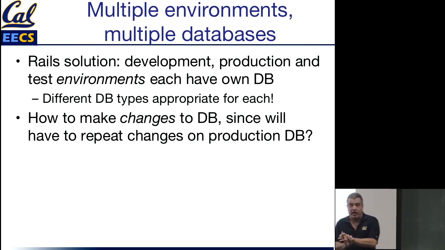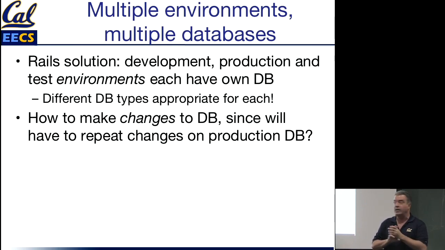And there's the test environment, which is only used for running automated tests and is regenerated from scratch every time you do a new test run. Each one of those 3 environments can have its own database. And that's really, really, really useful. Because when you're developing, you just point the development environment at a different database that is not the production database. And now you're in no danger of changing any of your data.